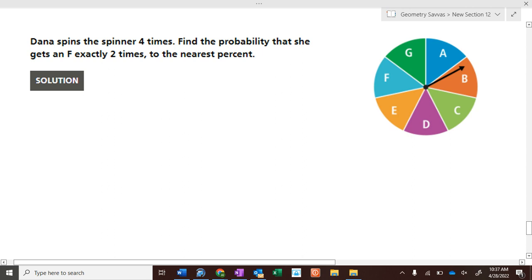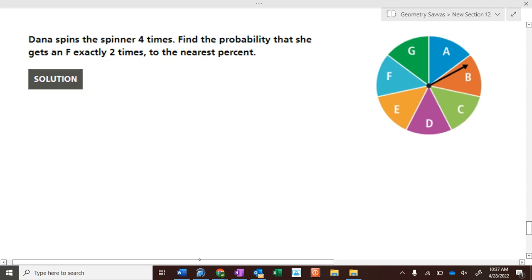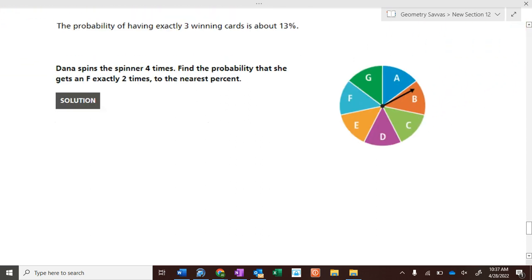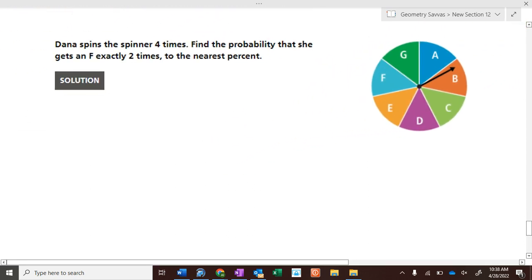Dana spins the spinner 4 times. What is the probability that she gets an F exactly twice? She gets an F exactly twice. Okay? So, it's going to be 4 combination 2 because she spins it 4 times and successful for exactly 2 times is what we're looking for.